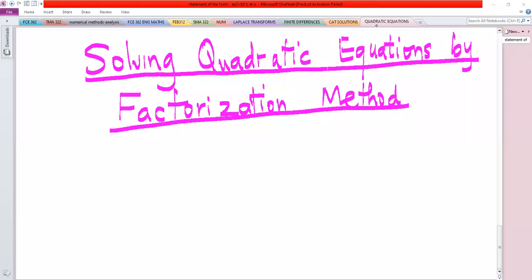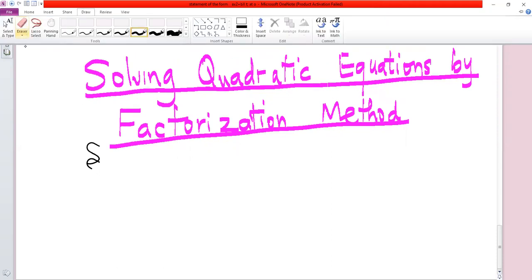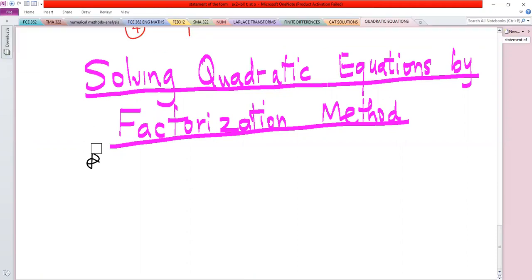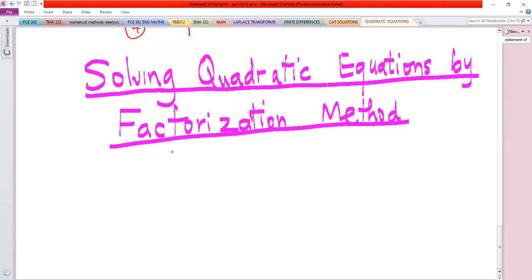Welcome to this session. In this session we introduce the first method of solving quadratic equations, the so-called factorization method. Now, steps to follow.